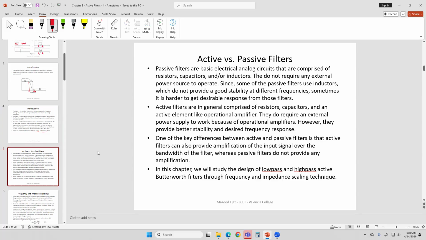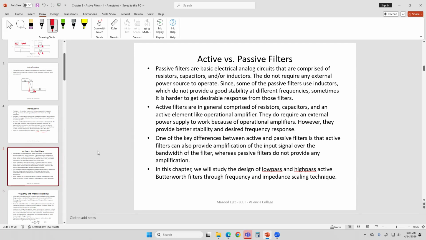The other difference between active and passive filters is that active filters can also provide gain during their pass band. Passive filters cannot provide gain. They can provide frequency selectivity, but they cannot provide gain in their pass band. Active filters can provide both. They provide frequency selectivity. You can select the band of frequencies, and over that band of frequencies that you are selecting, you can also have gain more than 1.